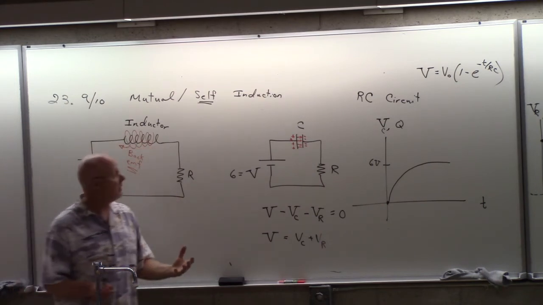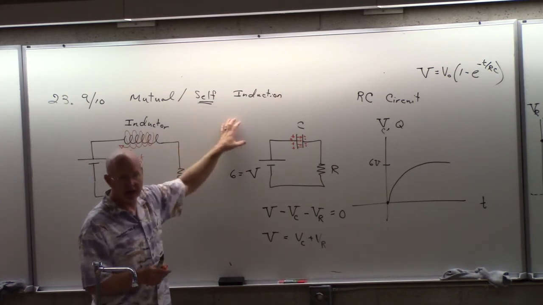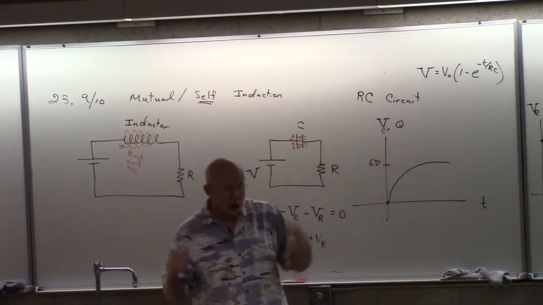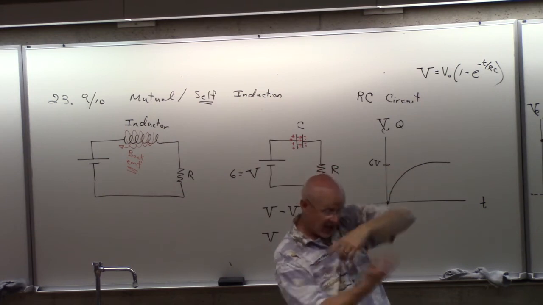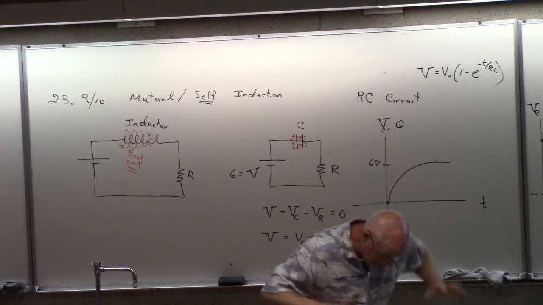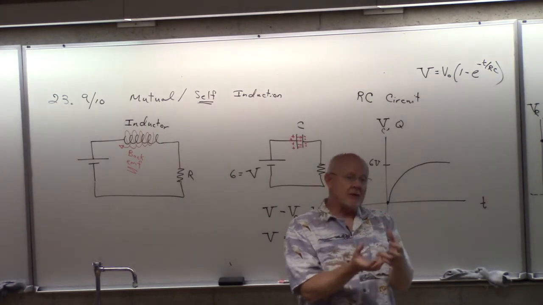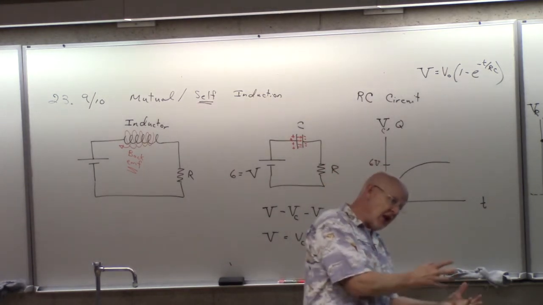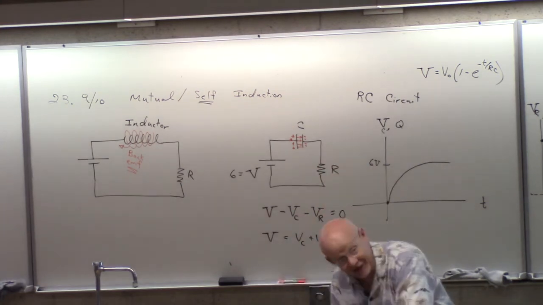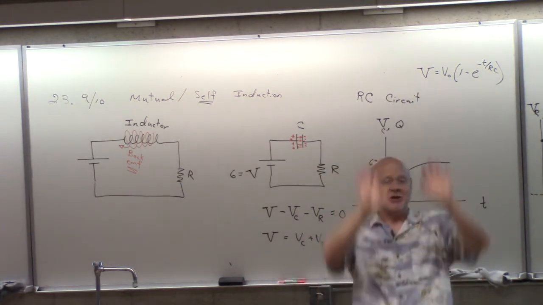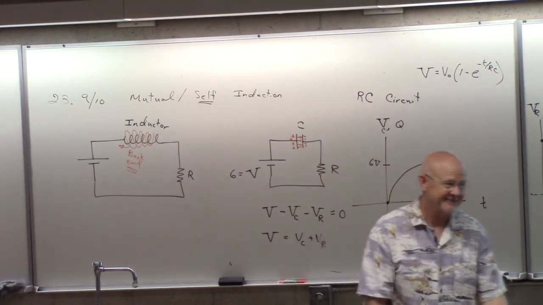And my point is, the reason we call it self-inductance is because it's the current that goes through myself that then makes a magnetic field. That magnetic field is changing, so that then makes an electric field which opposes the current.